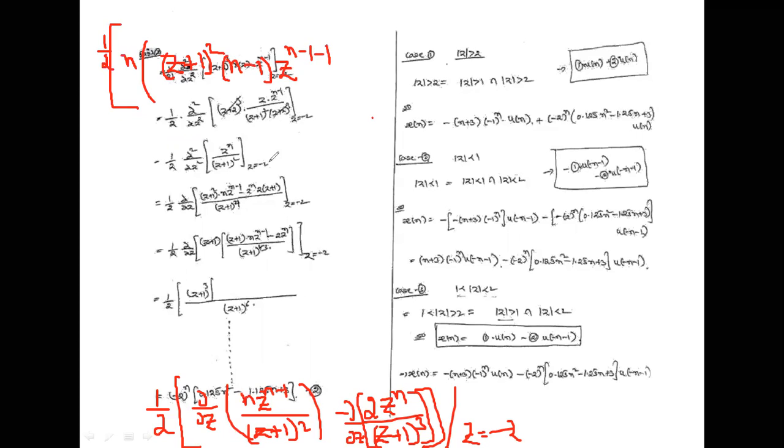According to the derivative of this, it decreases one value, minus z^(n−1) and apply the derivative of this, 2 into (z + 1)^1, whole divided by (z + 1)^4.